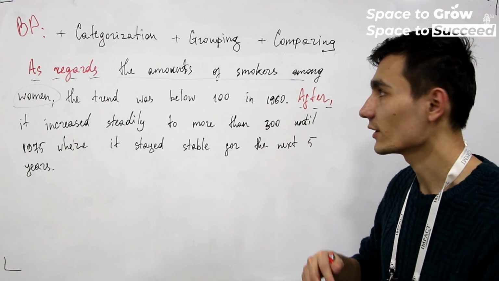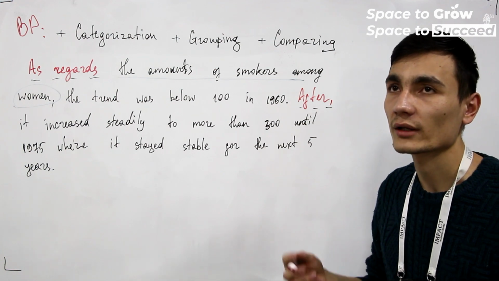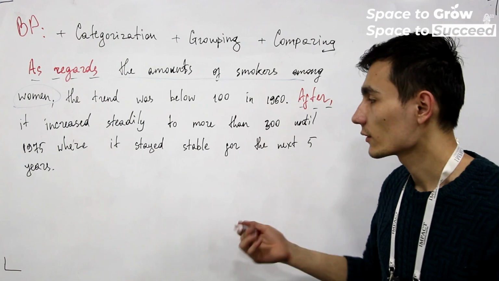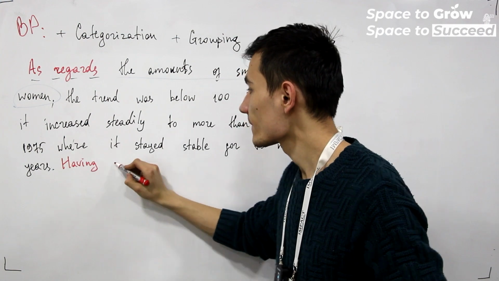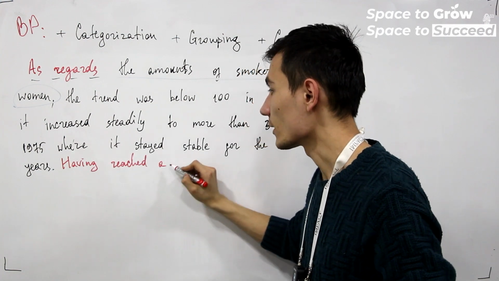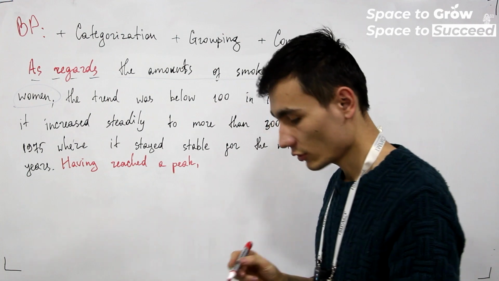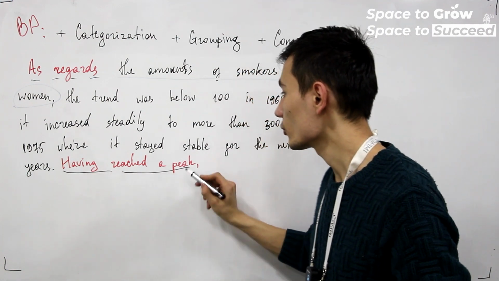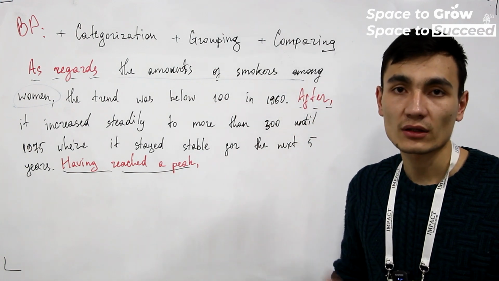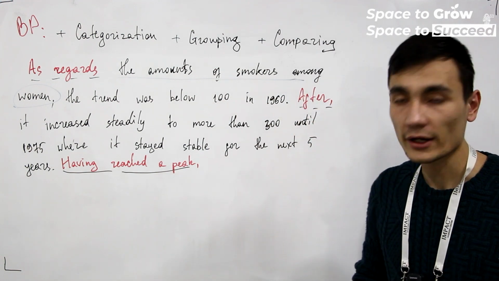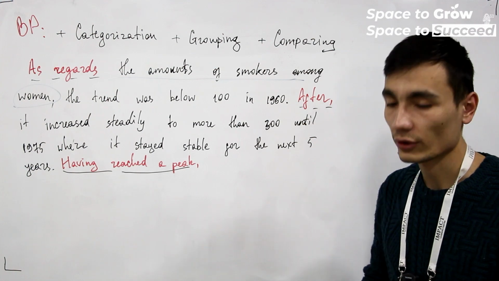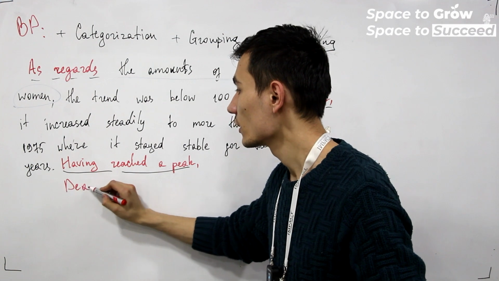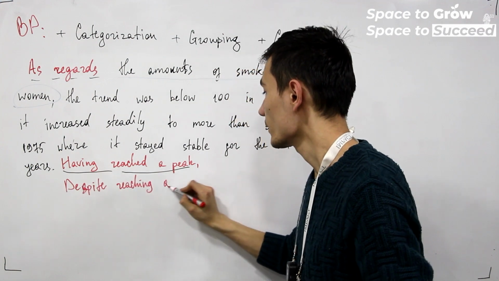It's not really an advanced structure, but it's a participle clause. We can say having reached a peak. This is a participle clause structure. Or if you don't want to use it, you can use a simple contrast: despite reaching a peak, or despite peaking.